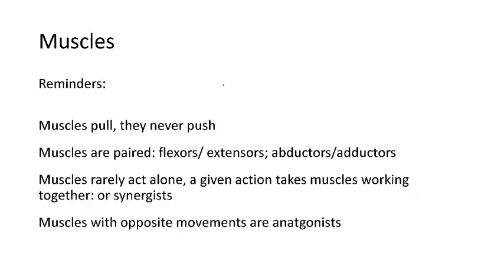Some reminders about muscles from anatomy again. Muscles always pull, they never push. So muscles move by pulling on the bones. Muscles are paired. We have flexors and extensors, abductors and adductors.